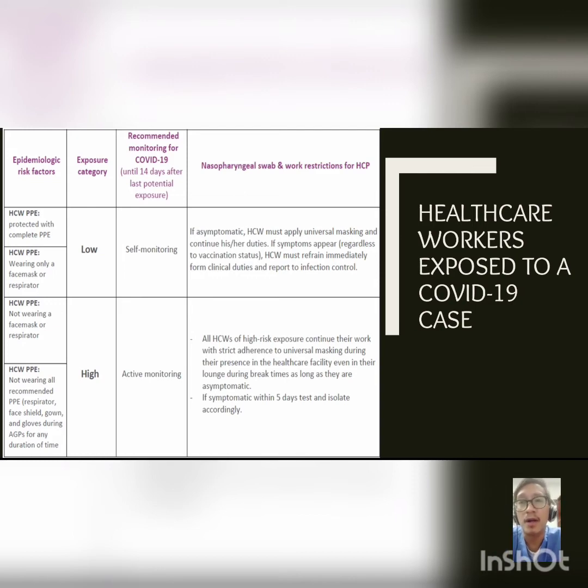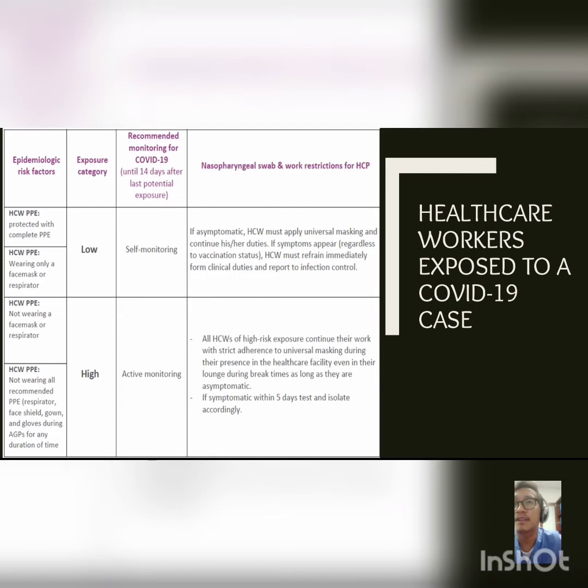For healthcare workers who are not wearing a face mask or respirator and not wearing all recommended PPE like your respirator, face shield, gown, and gloves during AGPs for any duration of time, it is considered as a high exposure category. Now, for this type of exposure, we need to do an active monitoring.